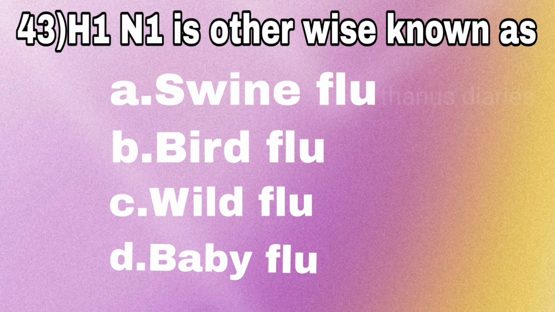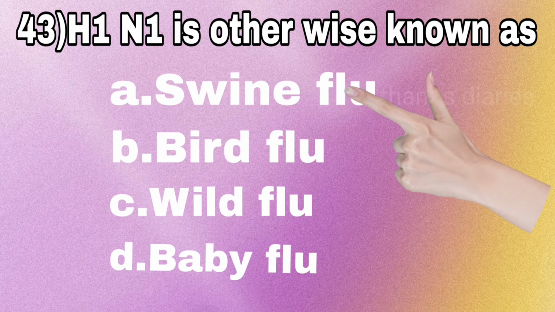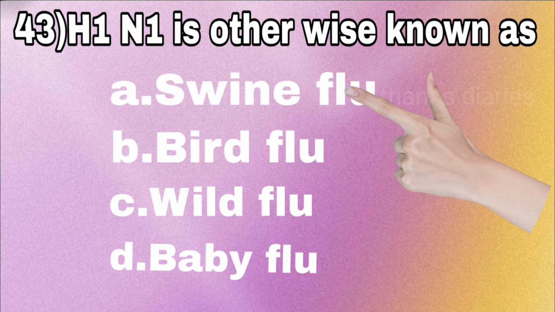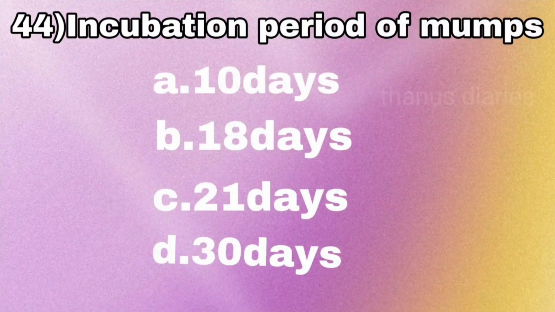H1N1 is otherwise known as swine flu, bird flu, wild flu, baby flu. And the answer is swine flu. Next question. Incubation period of mumps 10 days, 18 days, 21 days, 30 days.